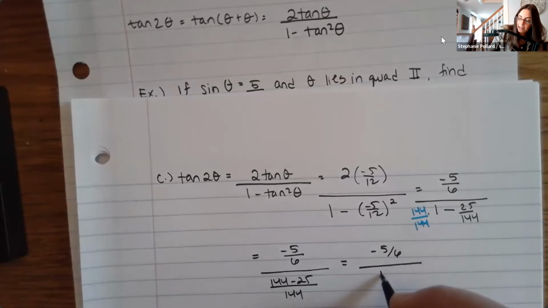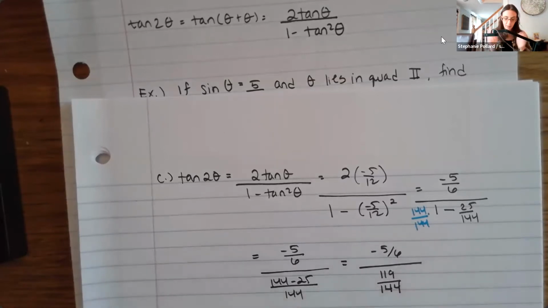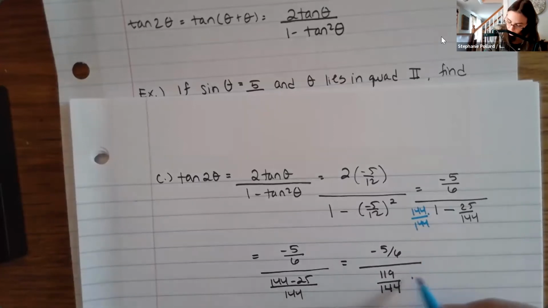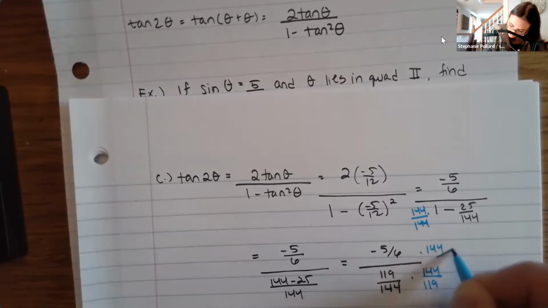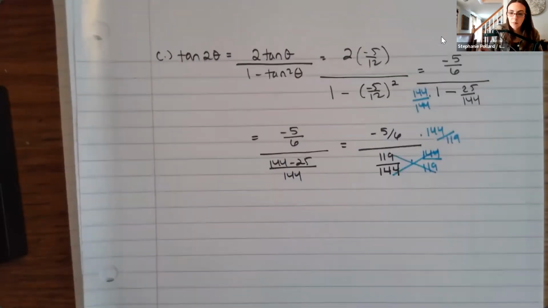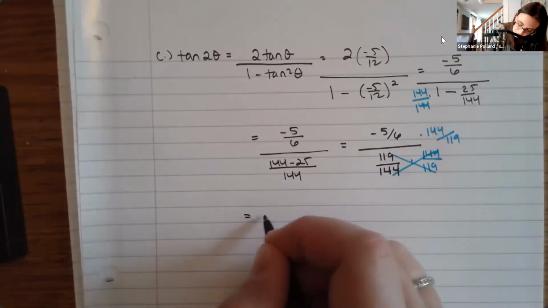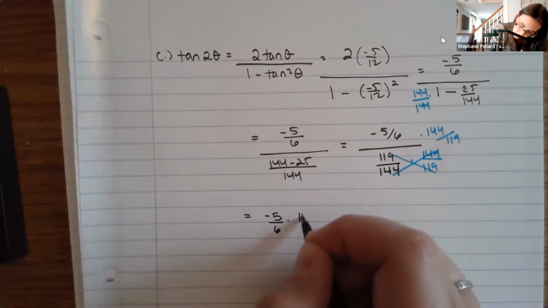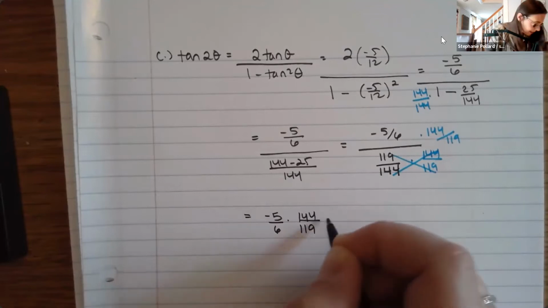So I have 119 over 144. And then I can multiply by the reciprocal of the denominator. So I'm looking at negative 5 over 6 times 144 over 119.